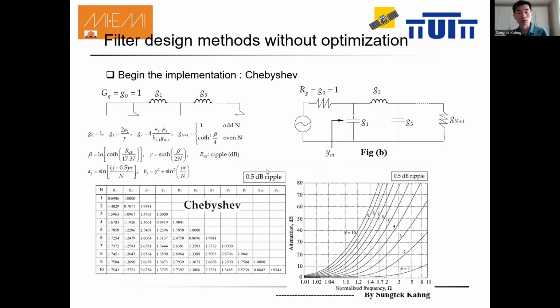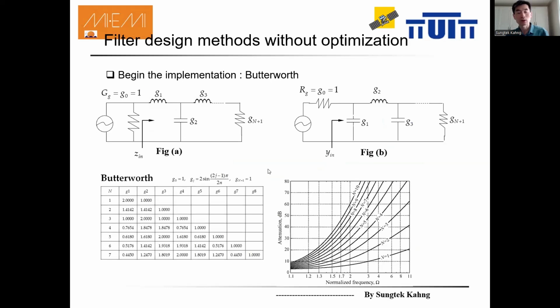So there are tables, and you can remind yourself of the tables, with reference to 1.1, which means the cutoff frequency, the position of the cutoff frequency, normalized frequency. Right after that, you can see the attenuation level.